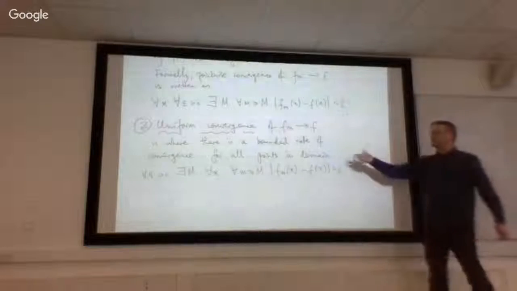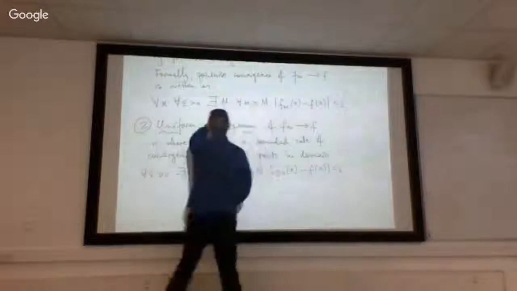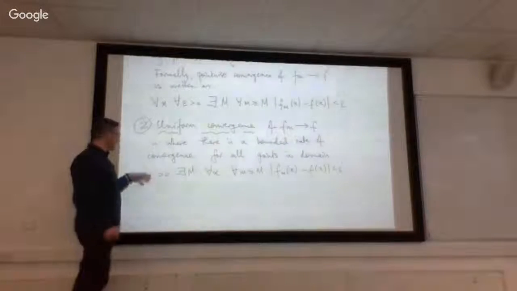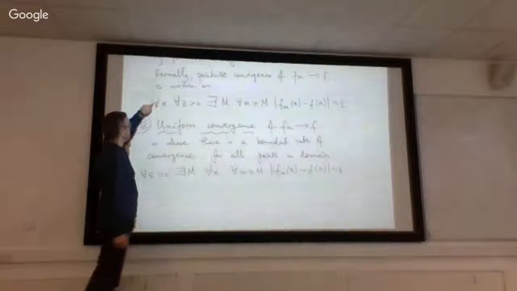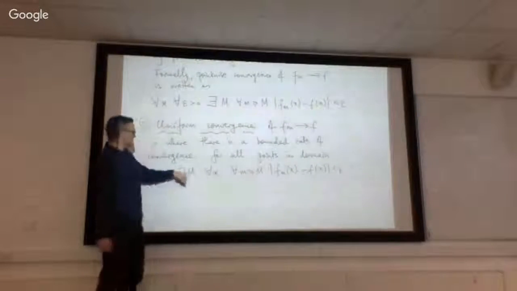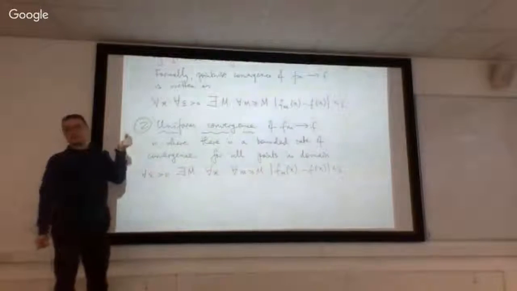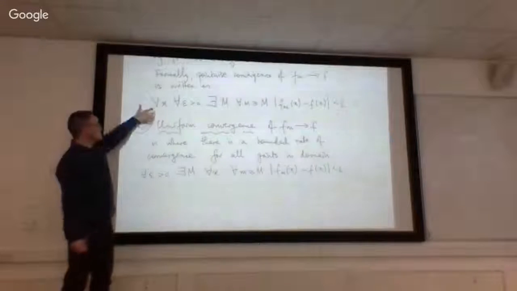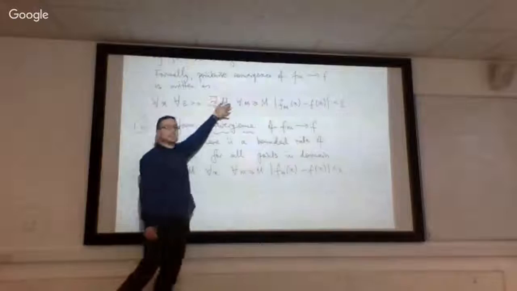Now the change looks very innocuous in one way. All I've done is change the position of these quantifiers. So I've taken the universal quantifier, for every x in the domain, and I've put that after the existential quantifier, there exists m. But that makes all the difference, okay? Because the first version, the pointwise version, says for every x, there will exist some m.